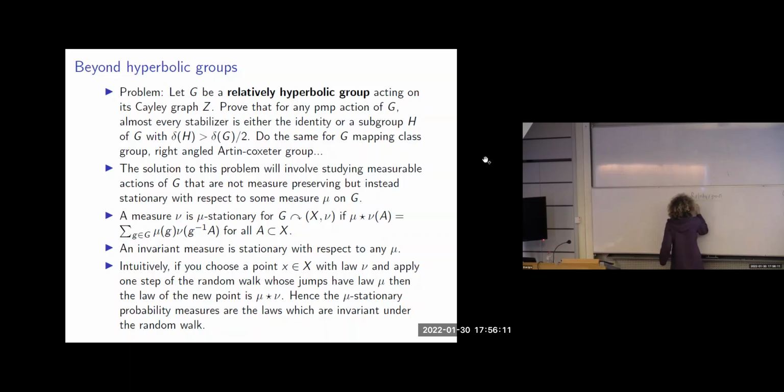So examples are non-uniform lattices in H^n, or in negatively curved manifolds. So it's an isometry group such that if you quotient it out, the quotient has finite volume but is not compact.